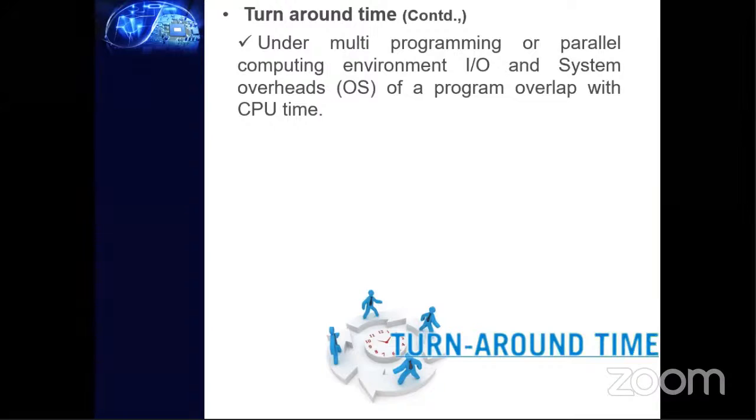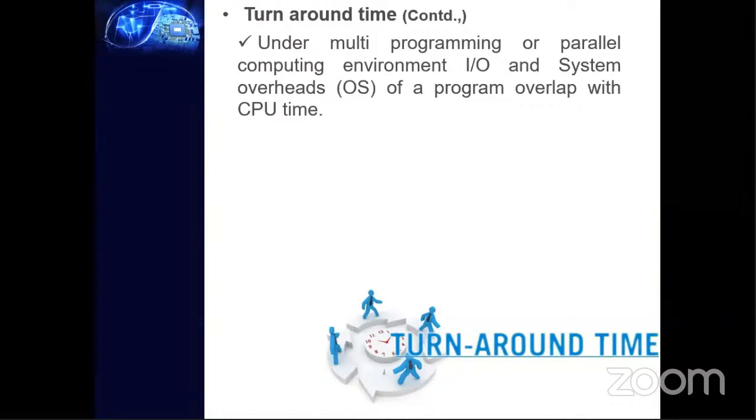Here is an example. Suppose one program tries to get an input from the keyboard. At the same time, the operating system is also trying to access the keyboard. You follow what I'm saying? So both IO and system accesses are overlapped with each other.